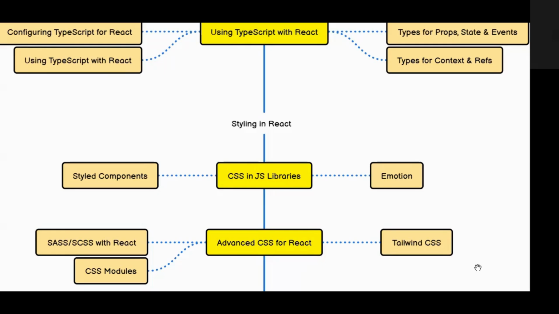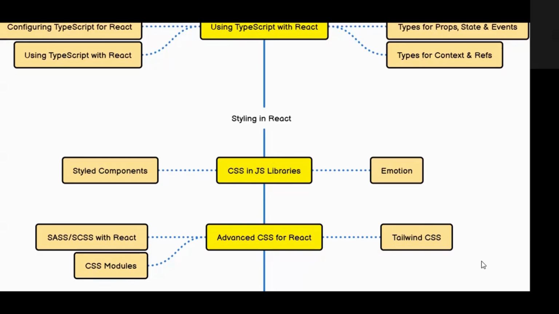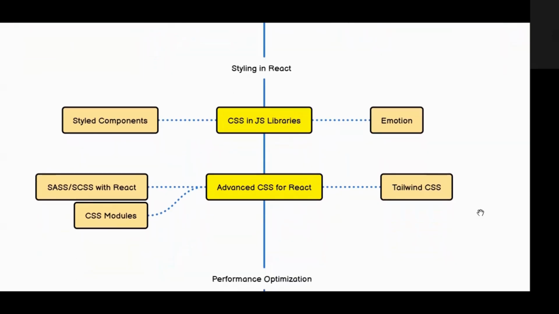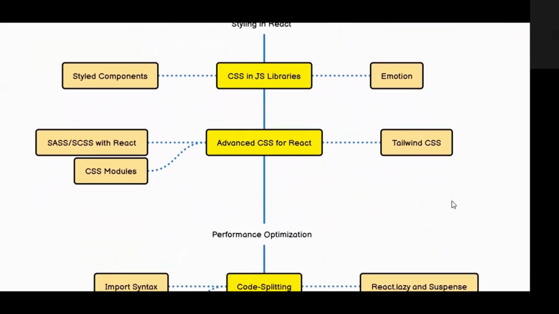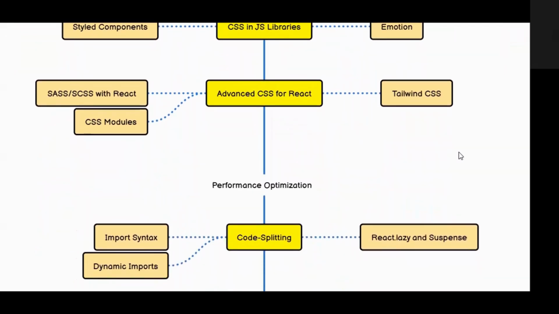Moving forward in React applications, the most important thing is performance optimization. Performance optimization is very important. If your application is not good in performance, then it will get to trouble for you.